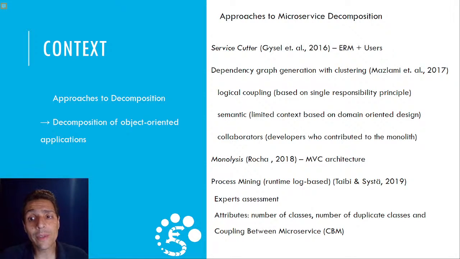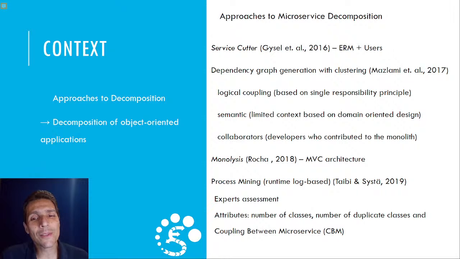This provides very good quality decomposition, but it needs a software engineer who understands the project and the domains involved in it well, which sometimes we don't have. Sometimes they moved on to other companies and so on.